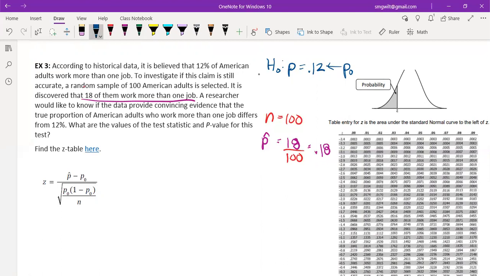A researcher would like to know if the data provide convincing evidence that the true proportion of American adults who work more than one job differs from 12%. So our alternative hypothesis is that p is not 0.12. Remember that this is two-sided.